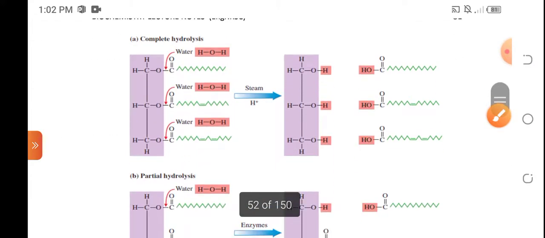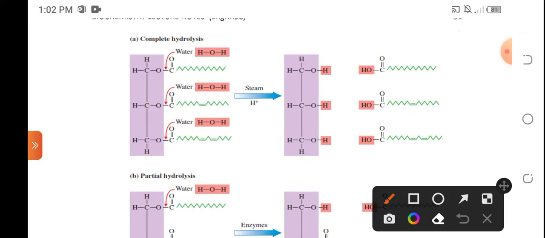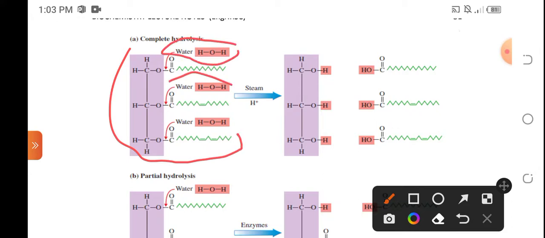Okay, so to understand it better, let's have this chemical equation. So we have here complete hydrolysis of triacylglycerol. So this is the triacylglycerol. And eventually, we need water to be added so that the ester linkages between the alcohol part and the acid part of that triacylglycerol will be broken.